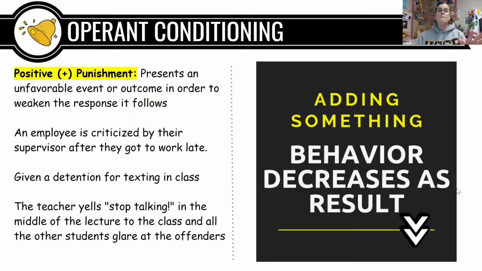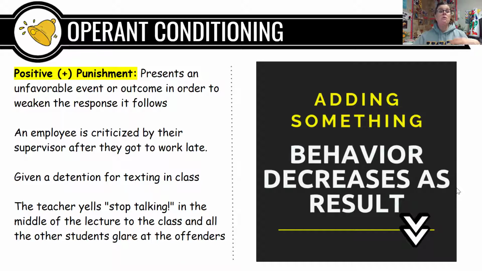Positive punishment presents an unfavorable event or outcome, but we want to weaken the response that it follows. So in a positive punishment, we're going to add something to the situation in order to decrease that behavior. An employee is criticized by their supervisor after they get to work late.